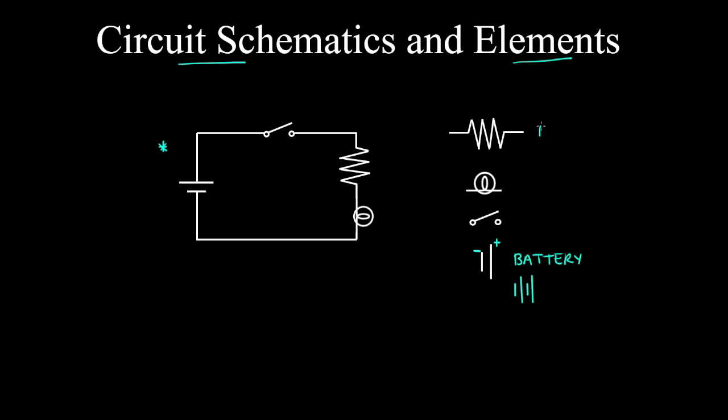And we've seen a symbol for a resistor. So this reduces the flow of current through a circuit. And this here is a symbol for a light bulb. And here we have a symbol for a switch. Now other circuit elements you will encounter are capacitors.